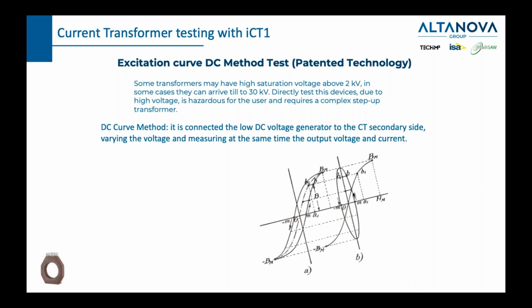And there is another excitation curve test, which is done through a DC method. With the DC method, what we actually do is saturate the core. In saturating the core, we use a lot of mathematics and indirect methods to simulate and understand what the knee point would be for this particular CT.